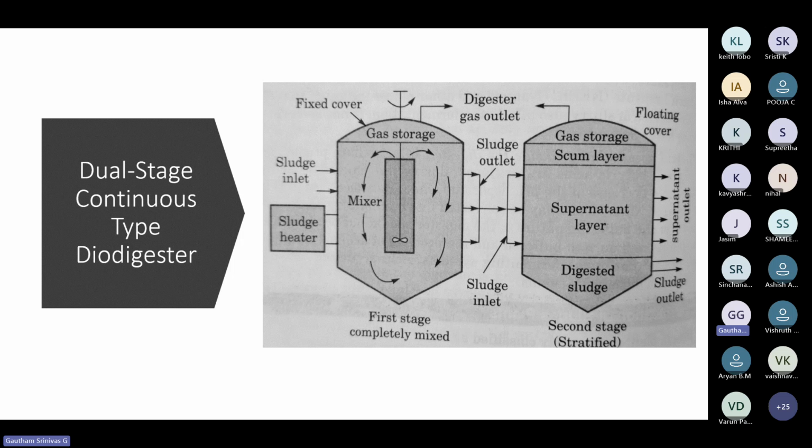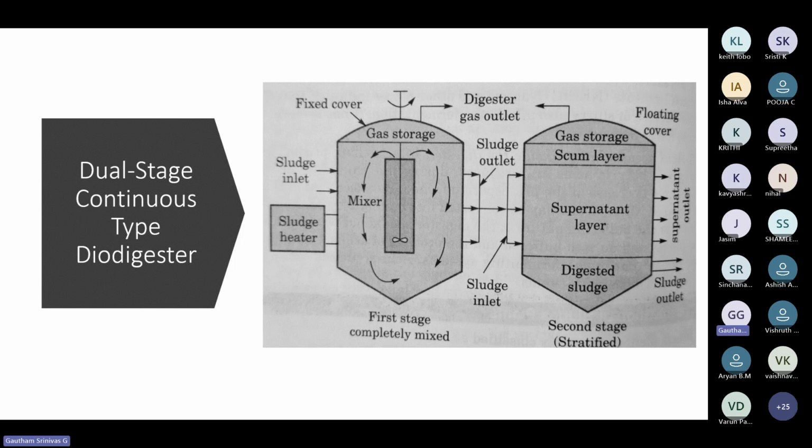To overcome this, we have a two-stage biodigester. In the first stage you have the acid formation happening, and you can see a mixer here. There is a stirrer, and that is done to avoid the supernatant layer and the scum layer.